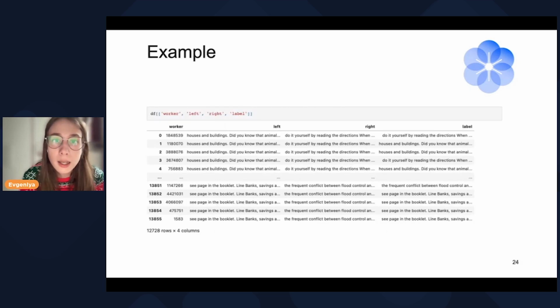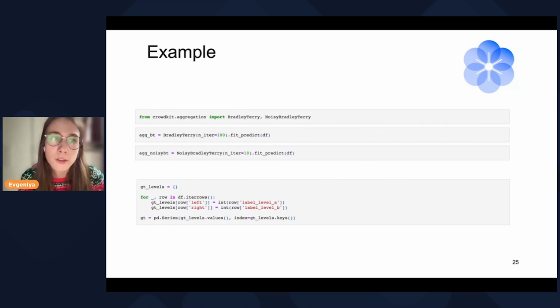And we're checking how this labeling is happening, what the crowd is choosing, what is harder to read, passage A or passage B. Here you can see the results of labeling: the worker who did it, the left and right passage, and the result, what was more complicated. And then we are performing an aggregation with our models.